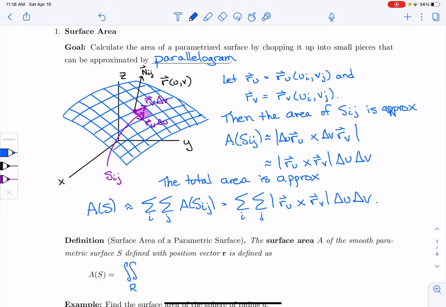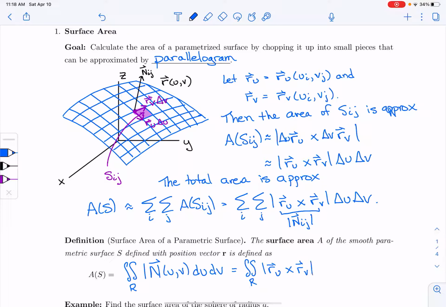So we're thinking about r sub u cross r sub v as being the magnitude of the normal vector, n sub ij. And so our double integral is going to be a double integral of the magnitude of the normal vector, depending on u and v, du dv. Another way to write that is a double integral over the region R that u and v live in of the magnitude of r sub u cross r sub v, du dv.